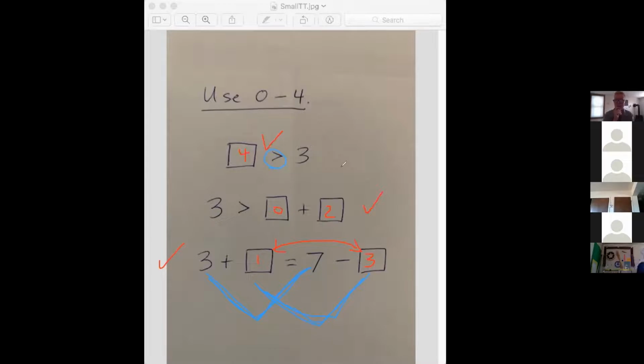So grade level for this puzzle? Third. Third, okay. And I think second and third, if they're working together and talking through it. And I think what would help is if you have number tiles and move them around, see which ones work.